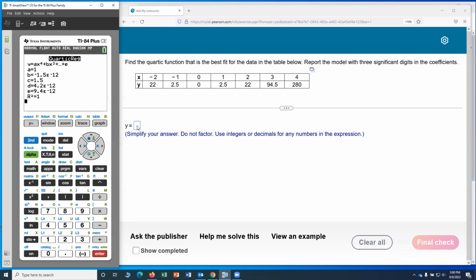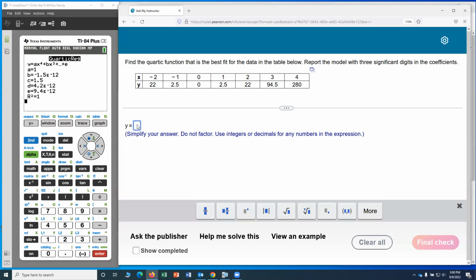And so I'm not going to write the B term. So A is 1, so I have 1x to the 4th. B is essentially 0 because of that scientific notation. C is 1.5. So I'll do plus 1.5. So it's ax to the 4th, bx cubed, cx squared.